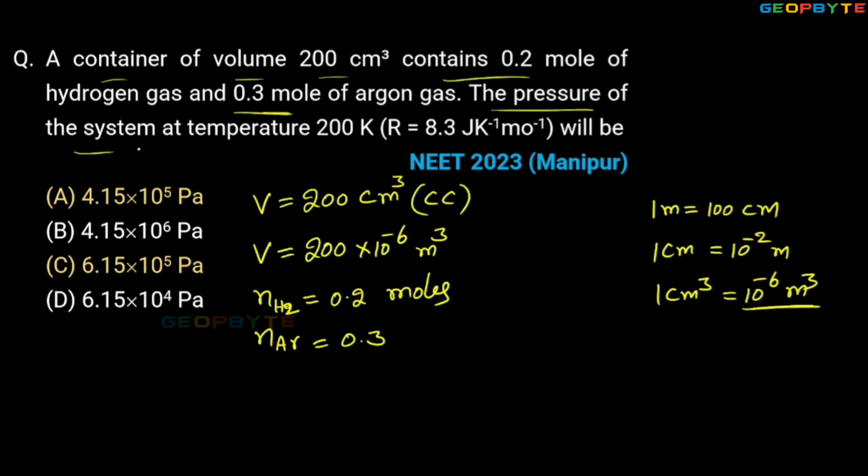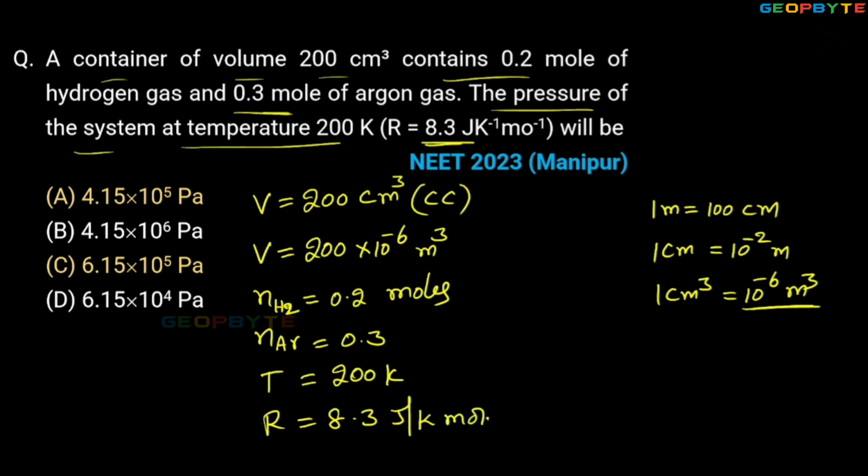The pressure of the system at temperature T is given as 200 Kelvin. Universal gas constant R is given as 8.3 joules per mole Kelvin. So here you are asked to find the net pressure of the system.